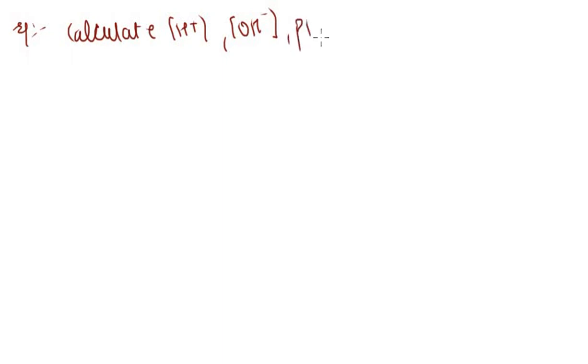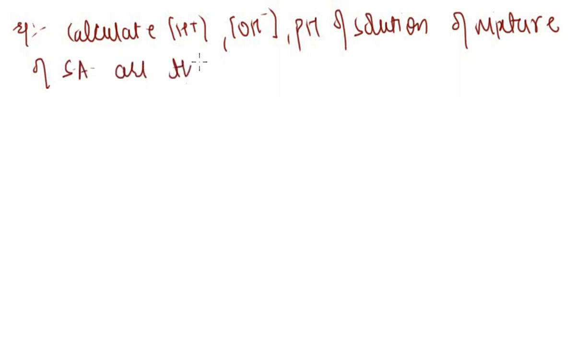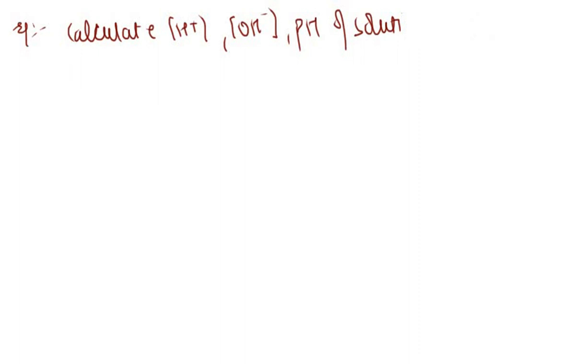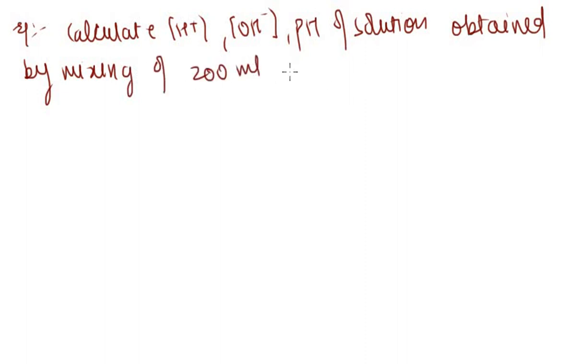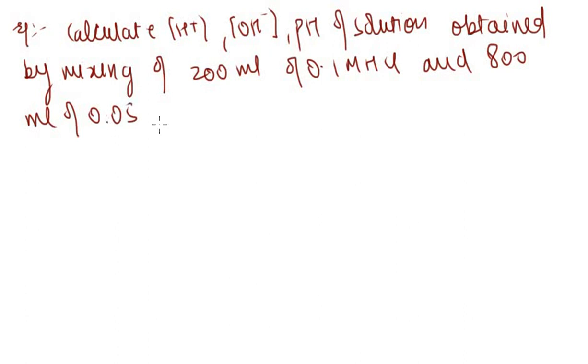We're gonna see some examples. Calculate the H plus concentration, OH minus ion concentration and pH of the solution of mixture of strong acid obtained by mixing 200 ml of 0.1 molar HCl and 800 ml of 0.05 molar H2SO4. So this is the illustration.